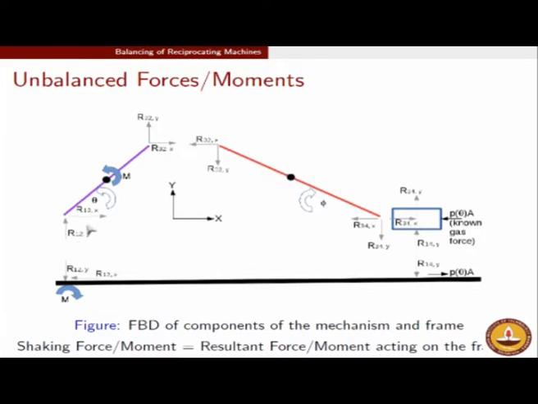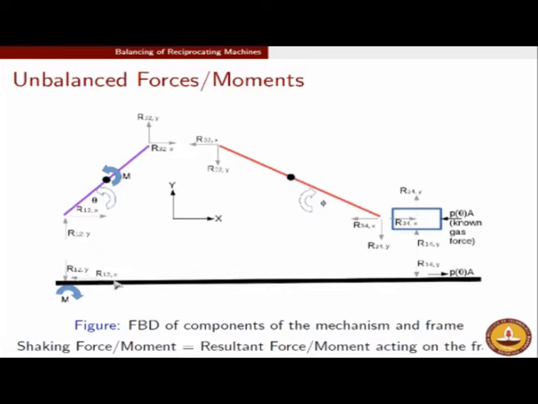Now we appeal to Newton's third law of motion, which tells us that there is an equal and opposite reaction force hitting the frame at the joint where the crank and the frame are connected. So the frame will see the forces R12,y and R12,x.